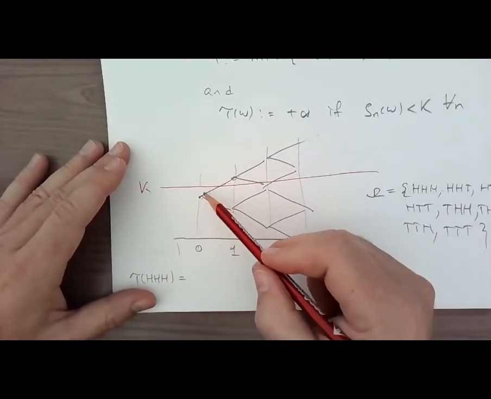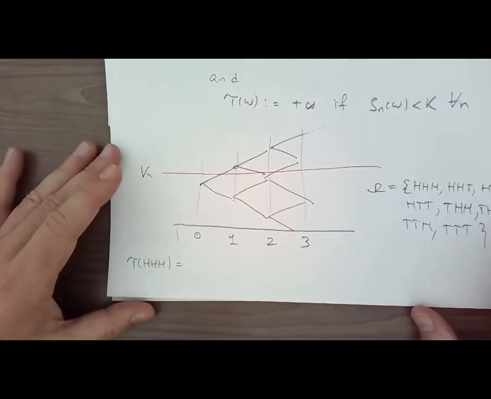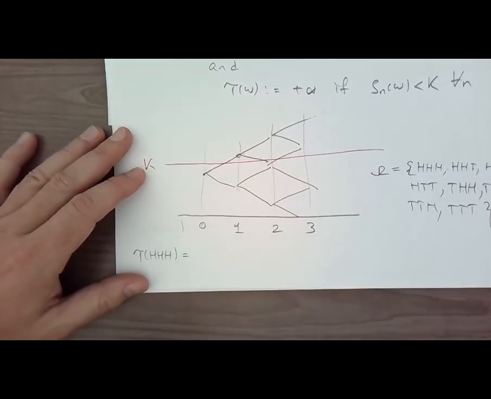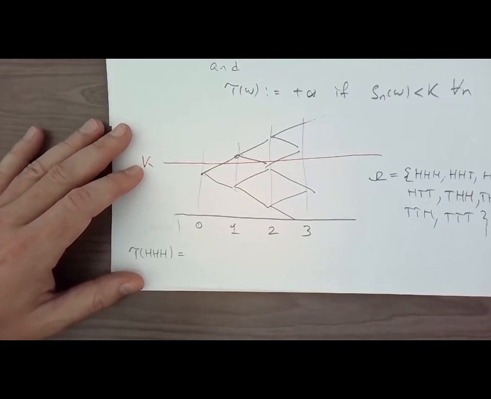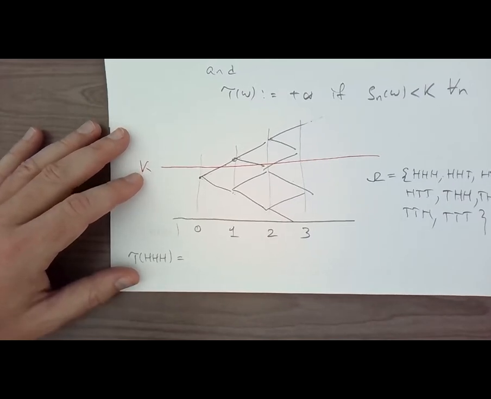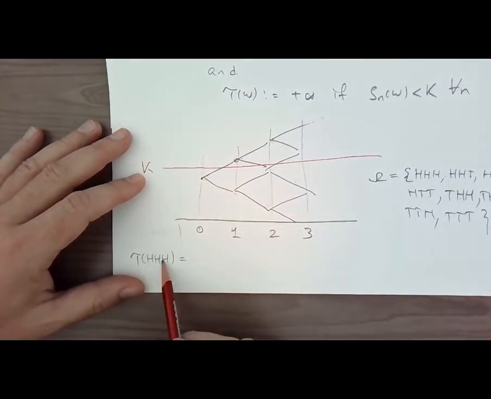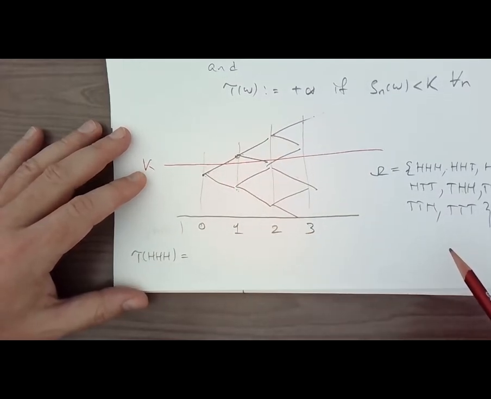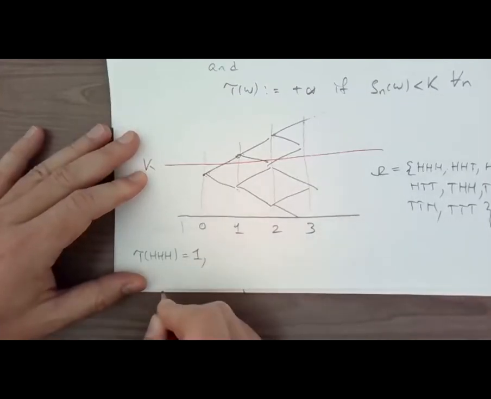Well, so now we're on the path. We go up, up, up. When is the first time that we got above K on the path? Heads, heads, heads. At time 1. Yep. So that was the first one.